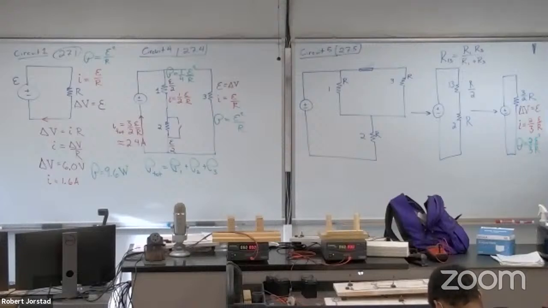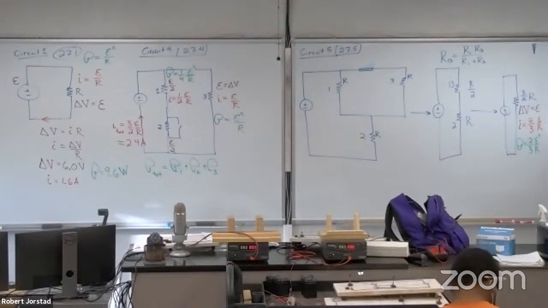Now, in this case, we know the current through the battery and the power delivered by the battery. Notice this is nice about the equivalent circuit. If I know that the resistance is equivalent to 3/2 R, I know the equivalent power load and current load required of the battery. So that's kind of cool. So just help me out.